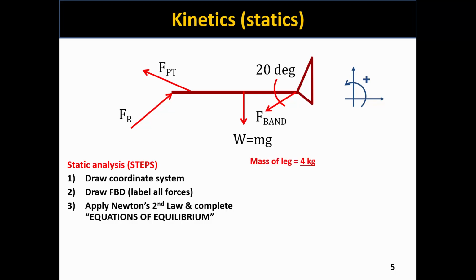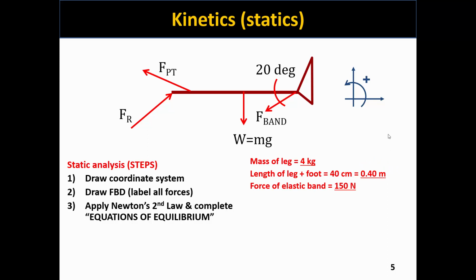Now, to move forward with a static analysis, we need some actual data here. So the mass of the leg, we'll set that to 4 kilograms, and these are data that would be given. The length of the leg and the foot combined is set at 40 centimeters, and note here that we always express it in meters.